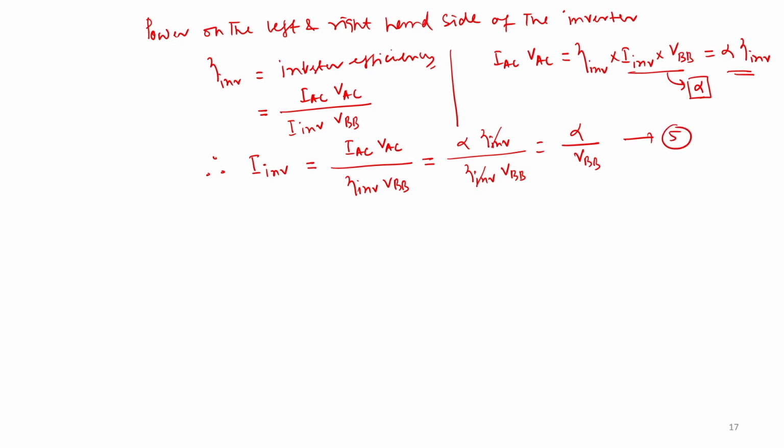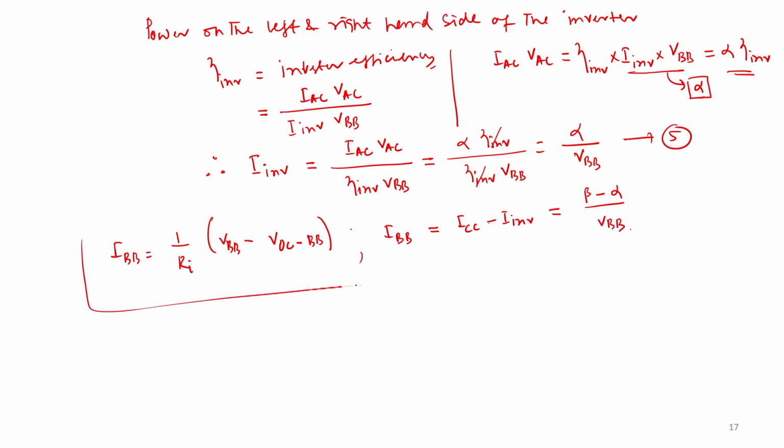Okay. Now, if we combine earlier expressions, like we know IBB is 1 by RI times VBB minus VOC BB, and IBB is equal to ICC minus I inverter, then it will be beta minus alpha over VBB.